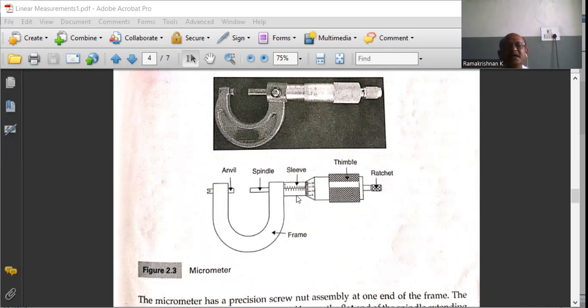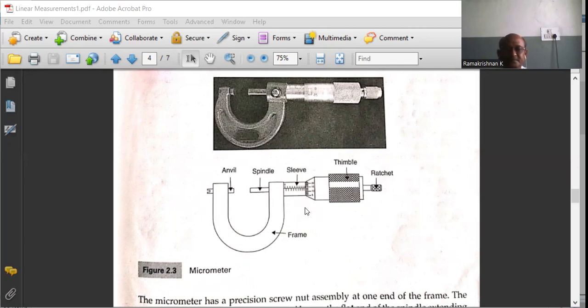But if, for example, there are 3 divisions ahead on the main scale from the datum line on the pitch scale, that is a plus 3 division error. While calculating the reading, we have to subtract the 3 divisions, which equal 0.03 mm, from the actual dimension measured.